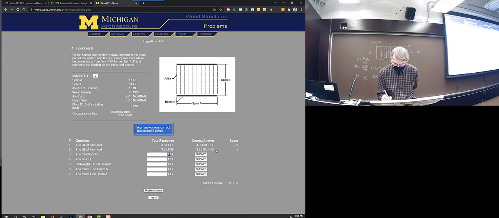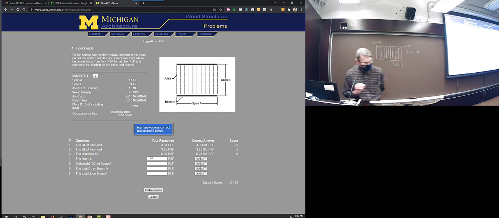So the load of the member, 3.25, plus the applied dead load, which is up here, that one. So that would be 3 and 3, should be 6.25. We got that. Okay, so far so good.